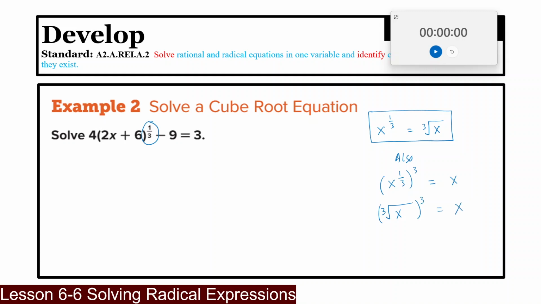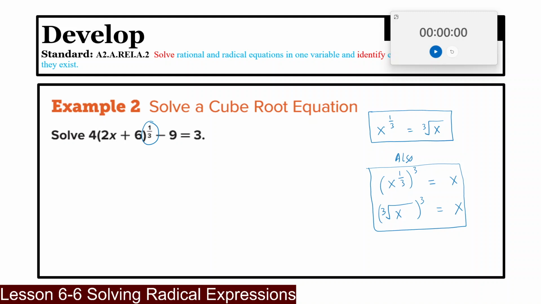This is how we cancel the exponent. This is how we cancel the radical. It's the same thing. To cancel the radical or the exponent, we raise it by the index. We raise it by the m right here. So this is extremely important to remember.